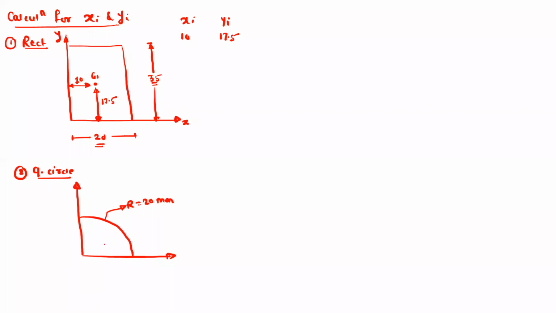Now refer the standard formula for the quarter circle. This is the position of the center of gravity. Let us take the center of gravity as G2. Its x coordinate, its distance with respect to y axis, is equal to 4r upon 3 pi, if you refer the standard formulae.